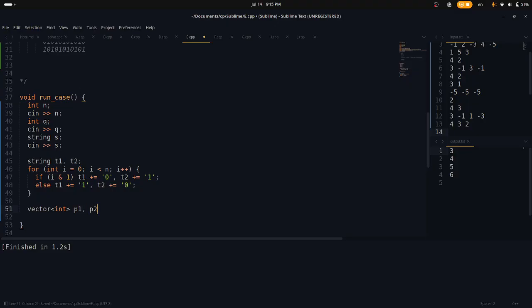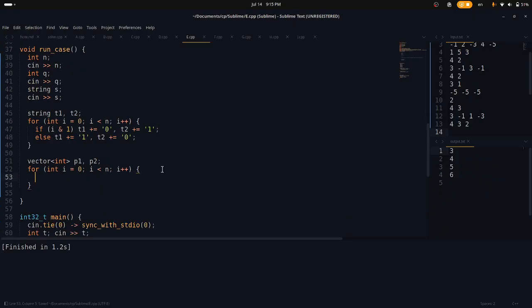Positions p1 and p2, where we basically start, right? So the lengths are the same, right?